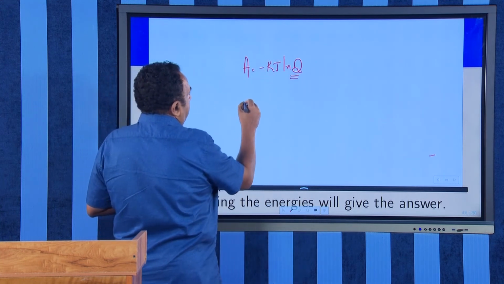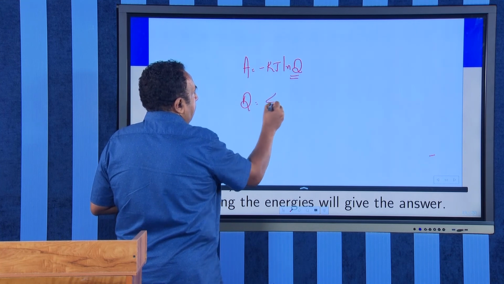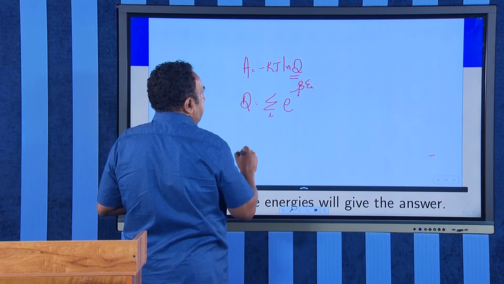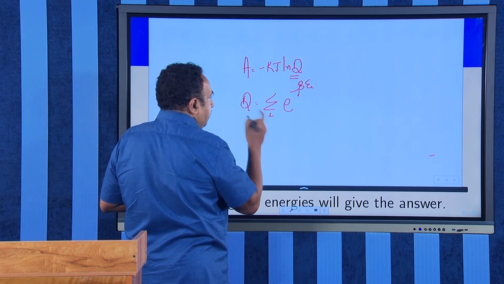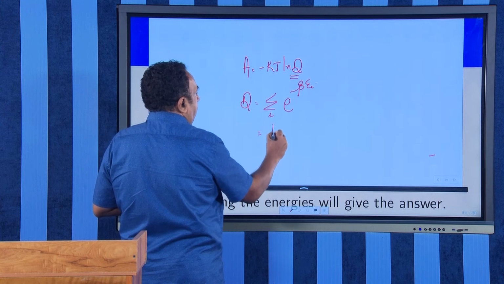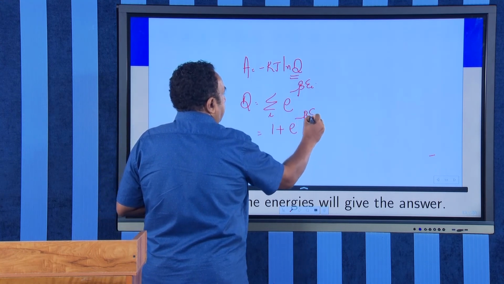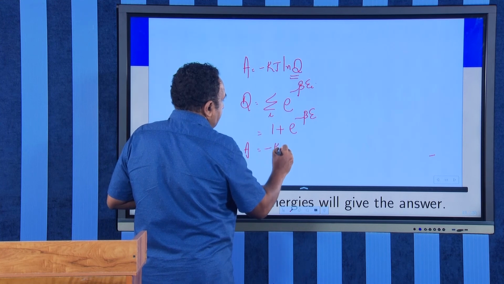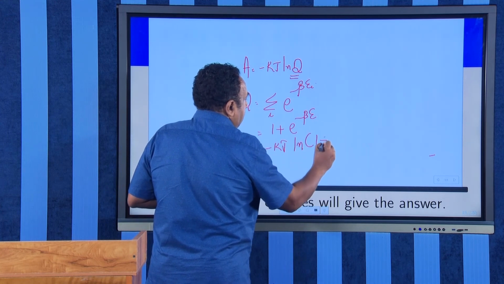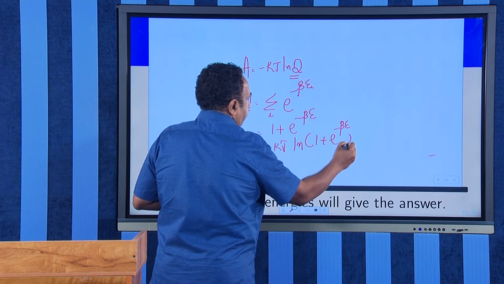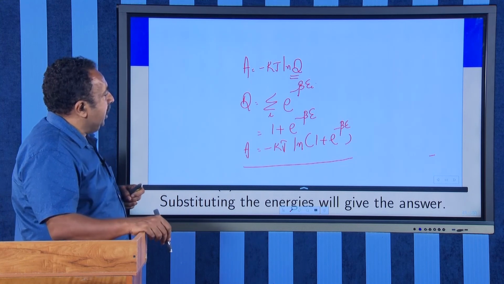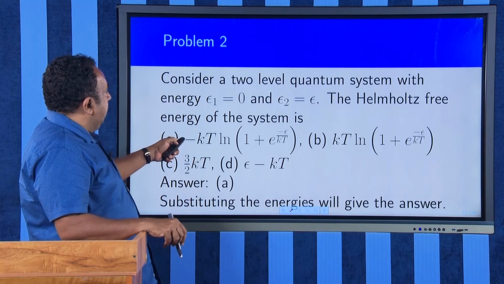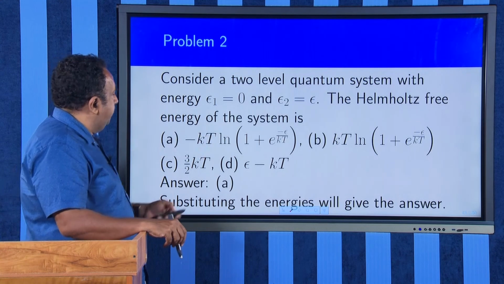It is the sum over all the energy levels of e raised to minus β E_i. The first energy level is 0 and the second is ε. Therefore, for the first energy level e raised to 0 means 1, and 1 plus e raised to minus βε is your Q. Therefore, A is equal to minus kT log (1 plus e raised to minus βε). This is the answer.